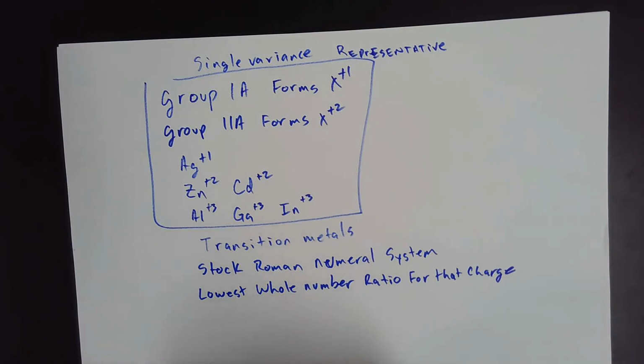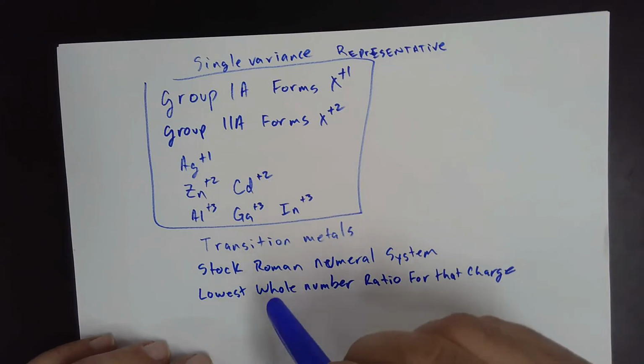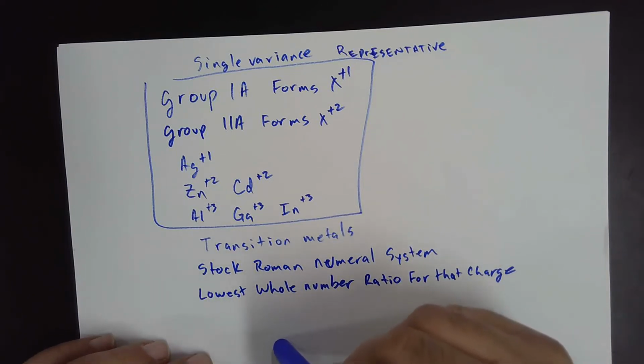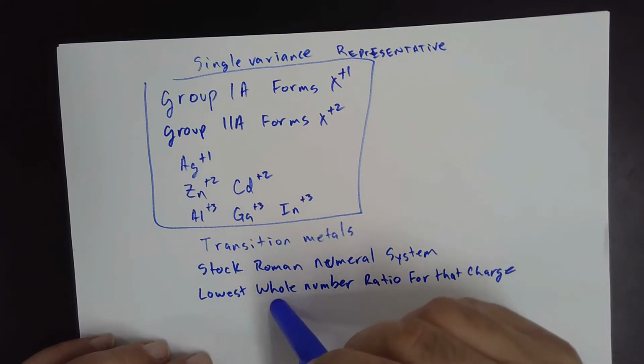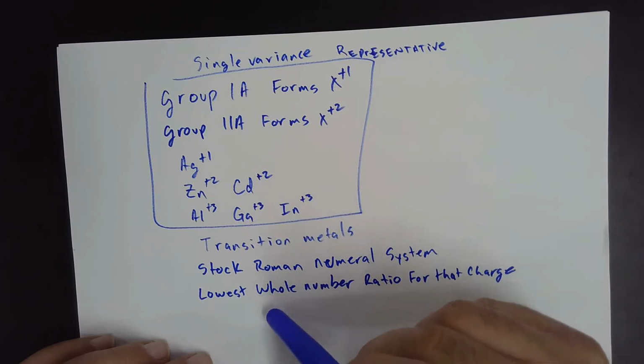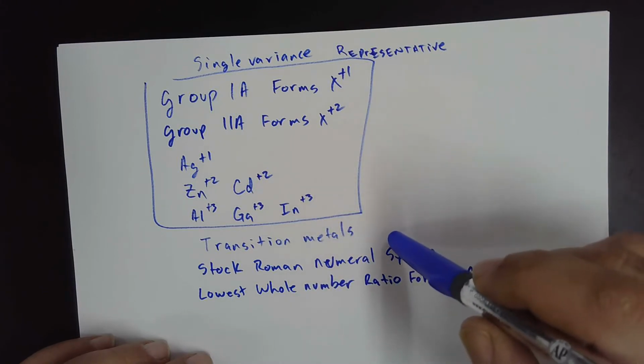This is important that we understand this. We need to know whatever the charge of the metal ion is going to dictate what that lowest whole number ratio is. The problem is we don't know and we can't know which ion that metal has formed until we know what it is connected to.